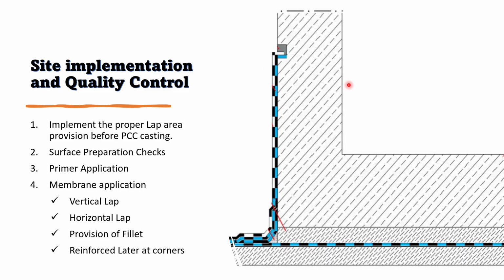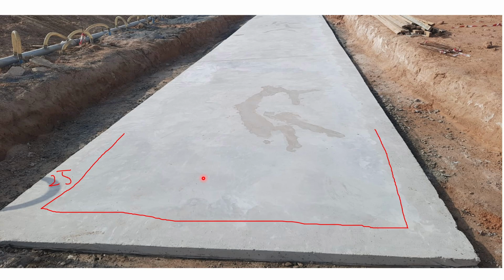I believe you understand. Now the next topic is the site implementation quality control. This is a very important topic in this video. So I will go through all the points where we need to take care at the site. The first one is the implementation of the proper lap area provision before PCC casting. This means, when we have any PCC, I will give you an example here.